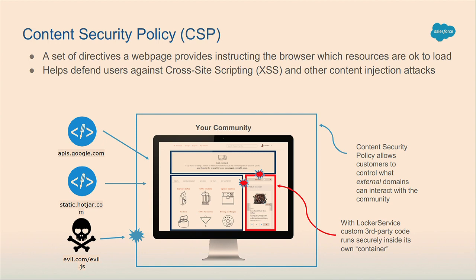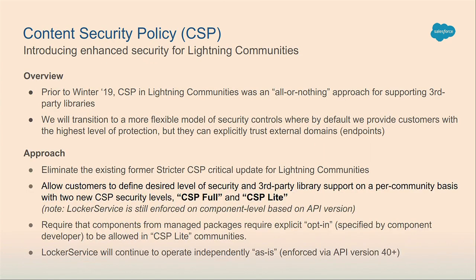So more advanced communities that involve some coding might have some use cases of needing to call out to a foreign translation service, for instance, or analytics is another. And with content security policy, it lets you have more flexible control over what's allowed and what's not.